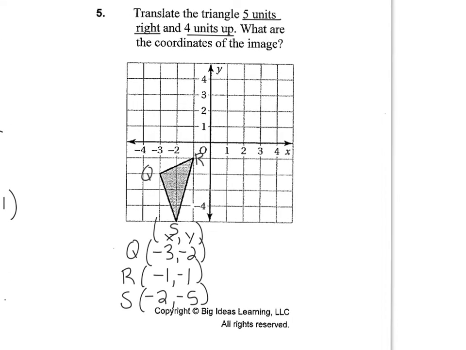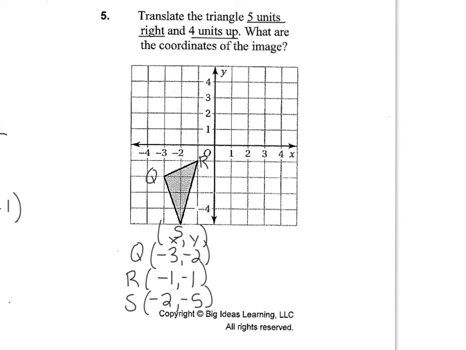So we're going to take each vertex and we are going to move it according to the translation that is described. We are going to move 5 units right and 4 units up. I'm going to start at Q. So I am going to move 5 units to the right, 1, 2, 3, 4, 5, and 4 units up.